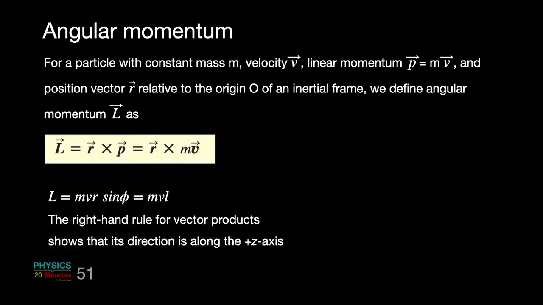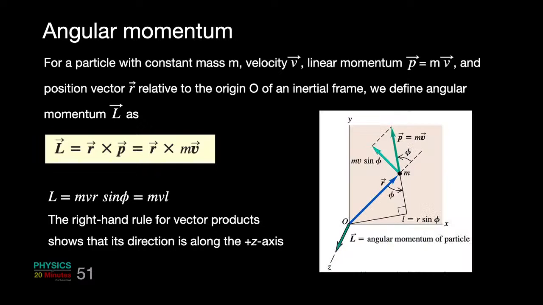The magnitude is straightforward. The magnitude can be defined as mvr sine phi, where I have a diagram here. My particle is at this position. Its linear momentum is pointing in this direction. So p is equal to mv. My axes are here: z axis, x axis, y axis.